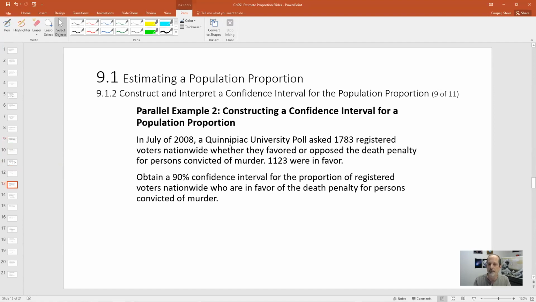We want a 90% confidence interval for the proportion of registered voters who are in favor of the death penalty. Remember, our n was 1783, and our p hat, what was it, 0.63?